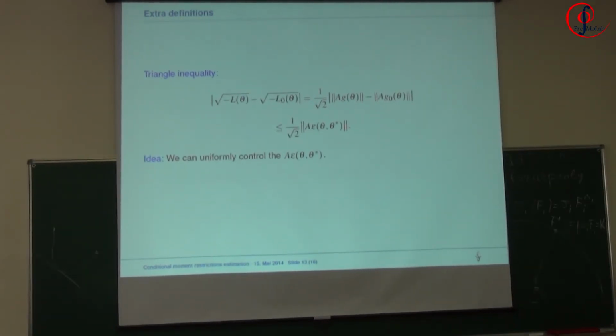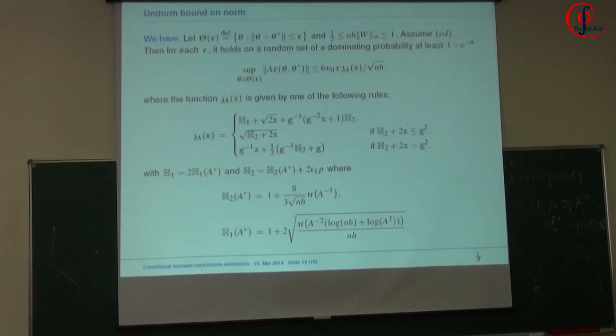The next problem was how to bound this uniformly. We had a lot of results: some more bulky, some simpler, some correct, some not at all. But finally, after half a year or even more, we spent a lot of time and had a final form for this.